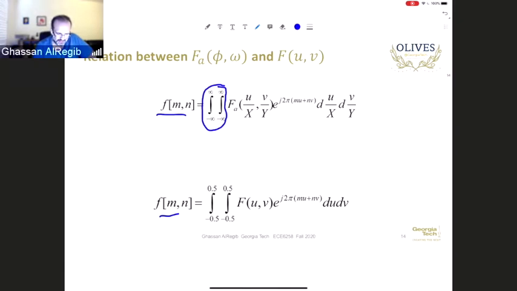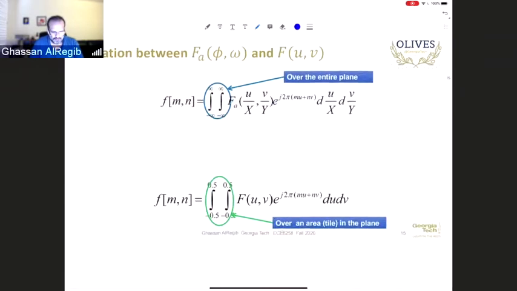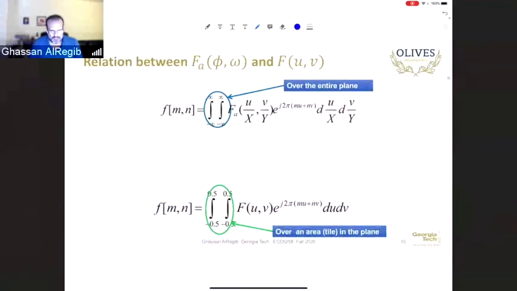This one covers negative infinity to infinity, and this one is one tile of 1 by 1 dimension, between negative 0.5 and 0.5. And then in here I have f sub a, and here I have capital F. So now I can say, for the first equation, that the integral is really the integration over the entire plane in the mu and nu space.